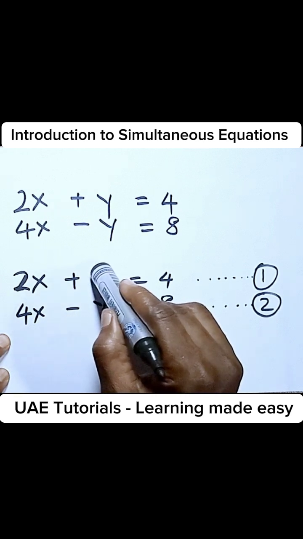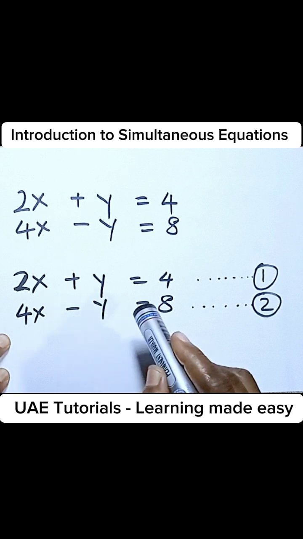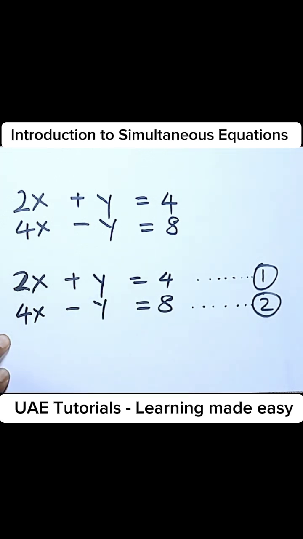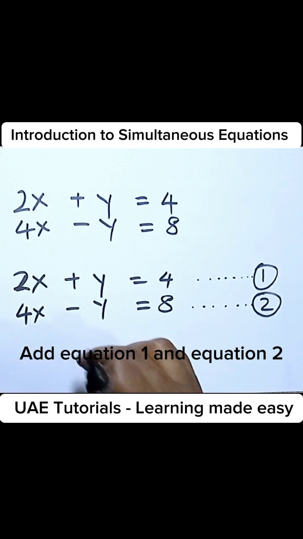If I just add this and this, that is plus 1y minus 1y, then that variable goes away. So that is the first thing that I am going to do. I am going to add equation 1 plus equation 2.